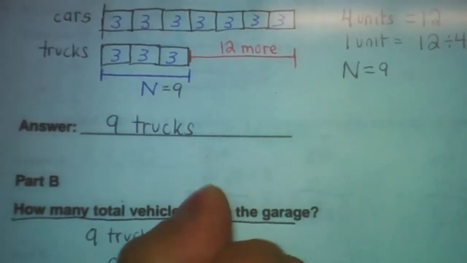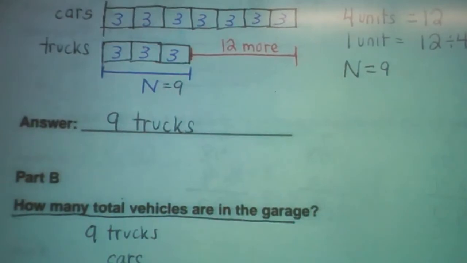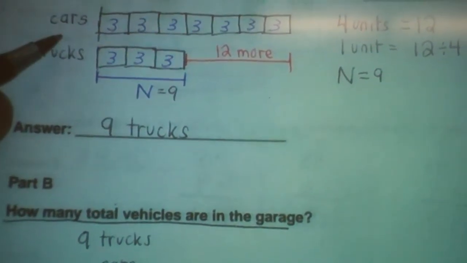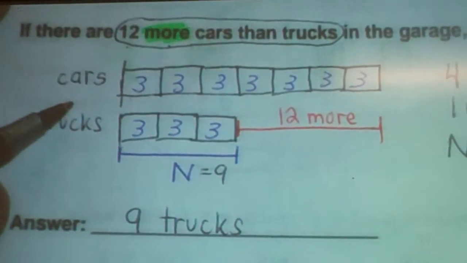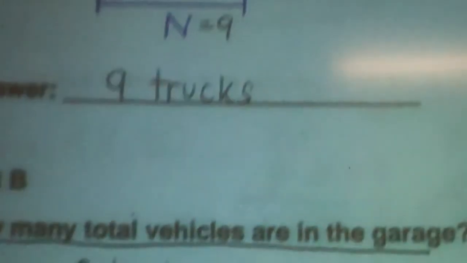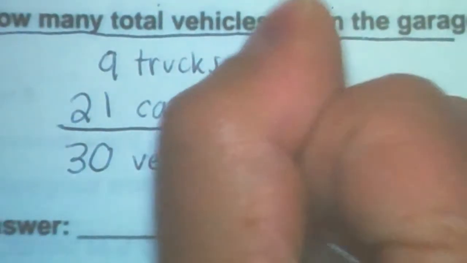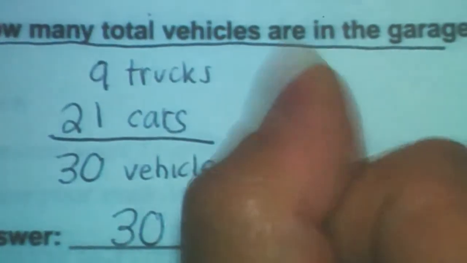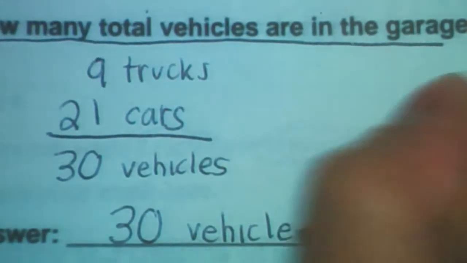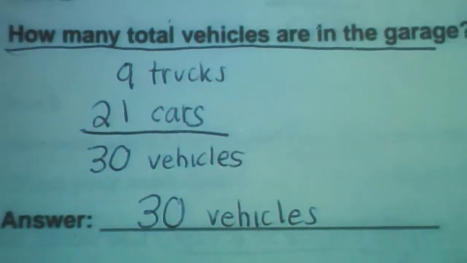How many cars are there? Okay, go back up to your tape diagram and call it out. How many cars are there? Yes, there are 21 cars, which means all together that is 30 total vehicles. So our answer, which we always put on the answer line, is 30 total vehicles.